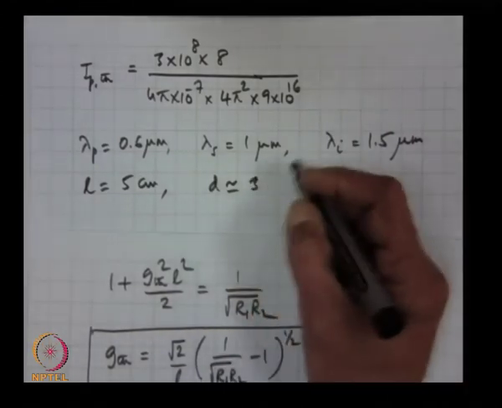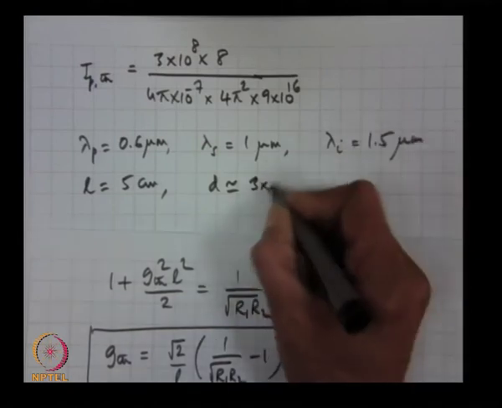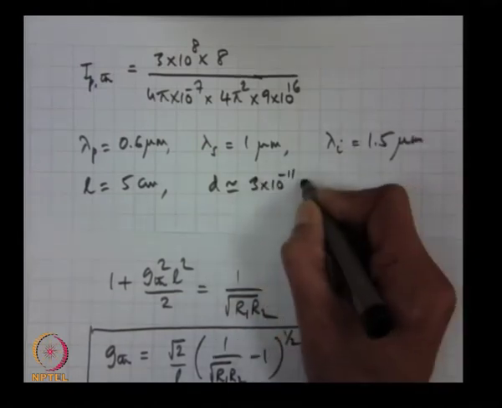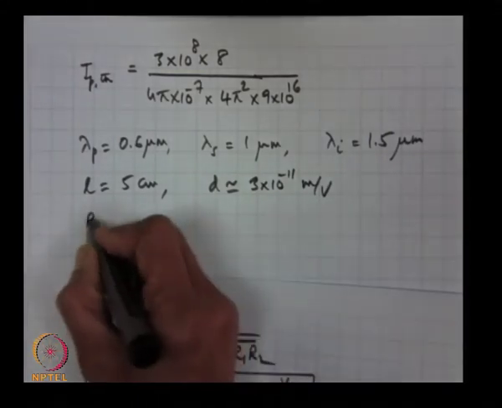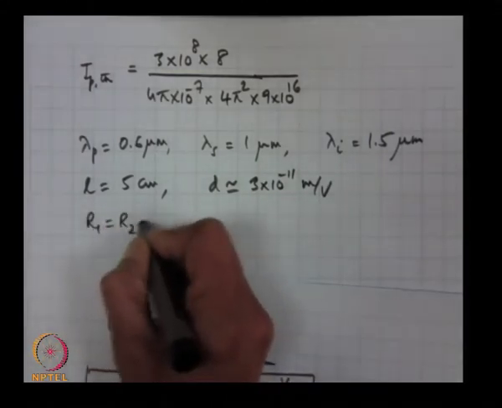30 10 to the minus 12 for lithium niobate. So 3 10 to the power 11 minus 11 meters per volt. And let me assume R1 is equal to R2 is equal to 0.98.